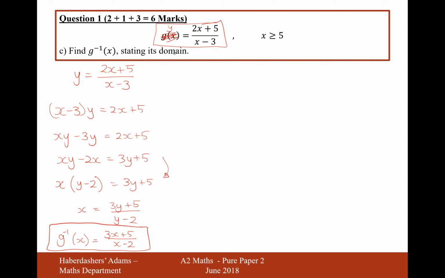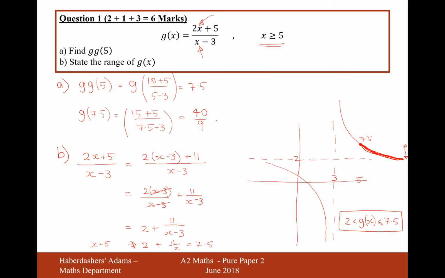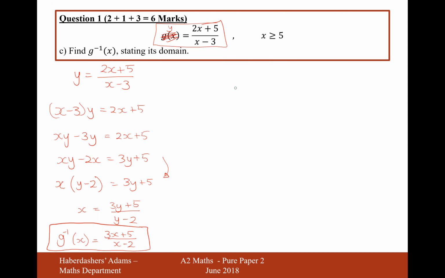And we also have to state the domain. So the domain of the inverse function is going to be the range of the original function. So we've already worked out that the range is equal to this thing here. And just to remind you, if you have your function g of x and g inverse of x, then the domain crosses over and it's now the range of the inverse function, and the domain of the inverse function is now the range of the original function.